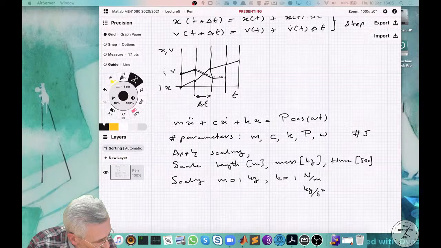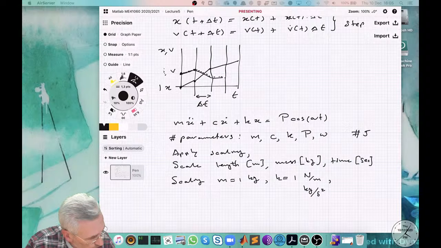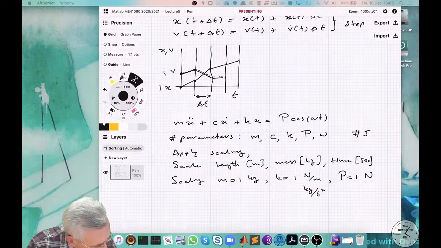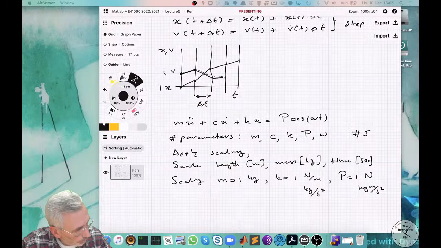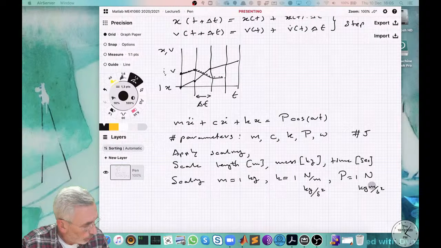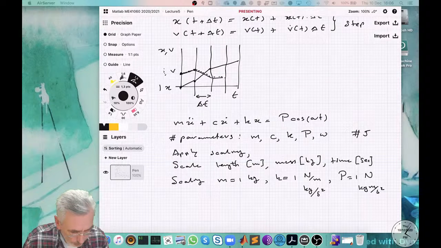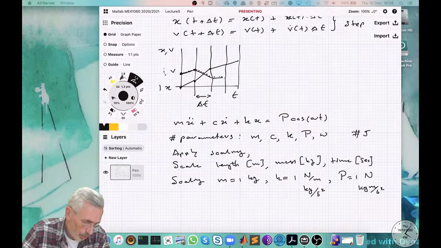And then finally, I'm going to also scale with P. The forcing is 1 Newton. And this 1 Newton is a kilogram meter per second squared. And then the one of the forcing and the one of the stiffness do the scaling of the length. So it's a bit intertwined, the scaling here, but it's not so difficult.